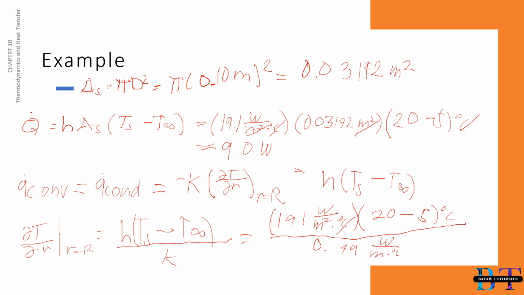So cancel degree Celsius, the meter, the watts. So the answer for the temperature gradient at the surface is 585 degrees Celsius per meter. So this is our answer.